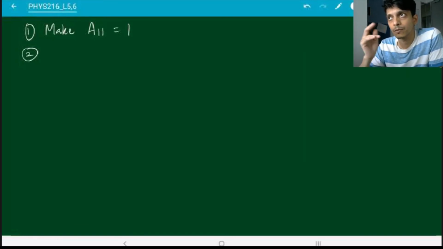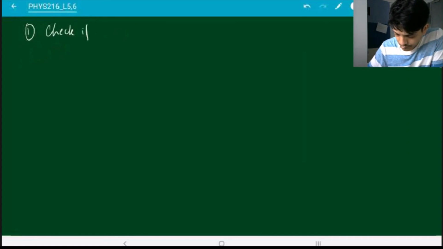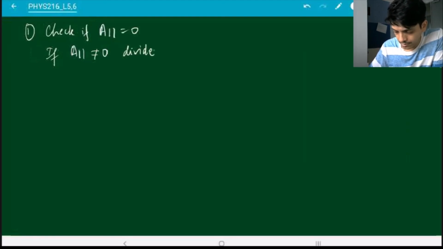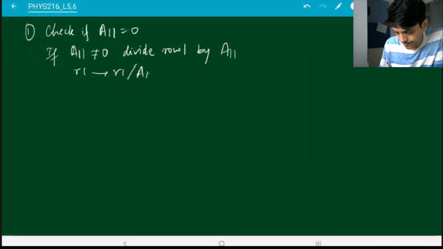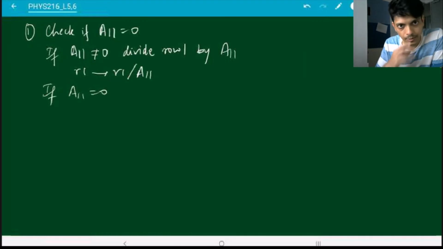It's better always to do scaling. First of all, check if A11 equals 0. If A11 is not 0, then just divide row 1 by A11, so R1 goes to R1 divided by A11.